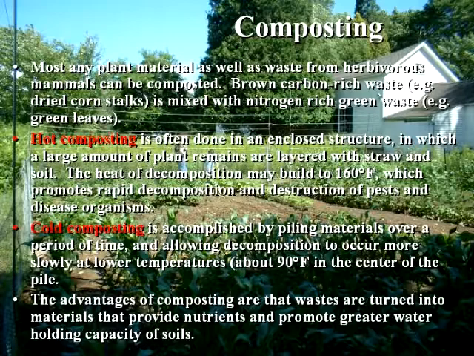And this enclosed structure keeps the heat of decomposition from bacterial action on this stuff quite high, generally in the range of 160 degrees Fahrenheit. And this promotes rapid decomposition of the materials that are in the compost pile. And it also tends to kill pathogens and insect pests and things like that.